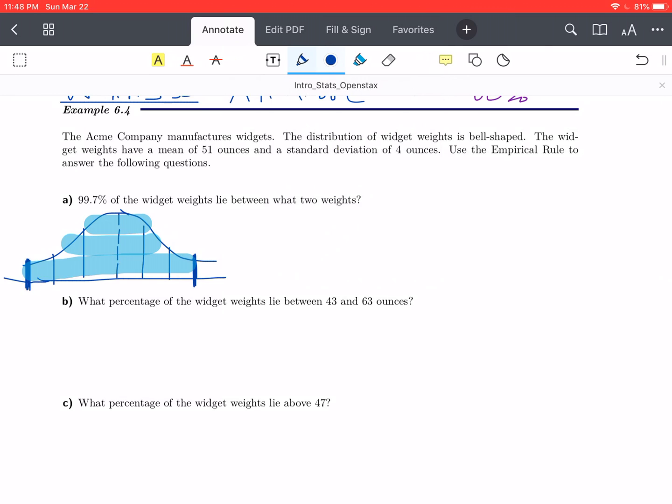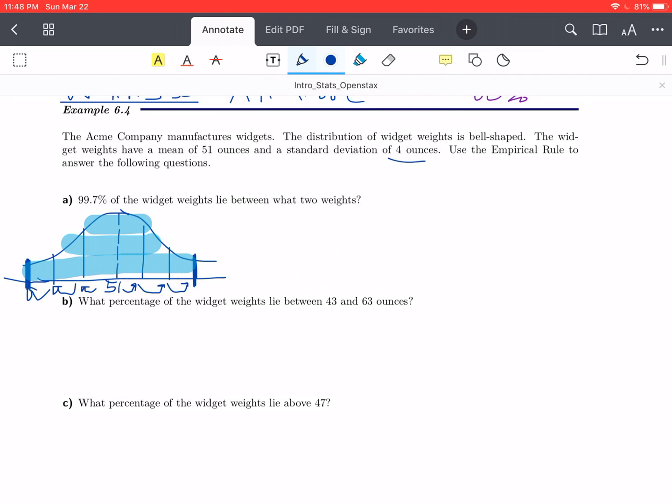So the mean is 51, and the standard deviation is 4, so every standard deviation we move up or down, we're going by 4 units. So we're going up 3 standard deviations, and 3 standard deviations down.